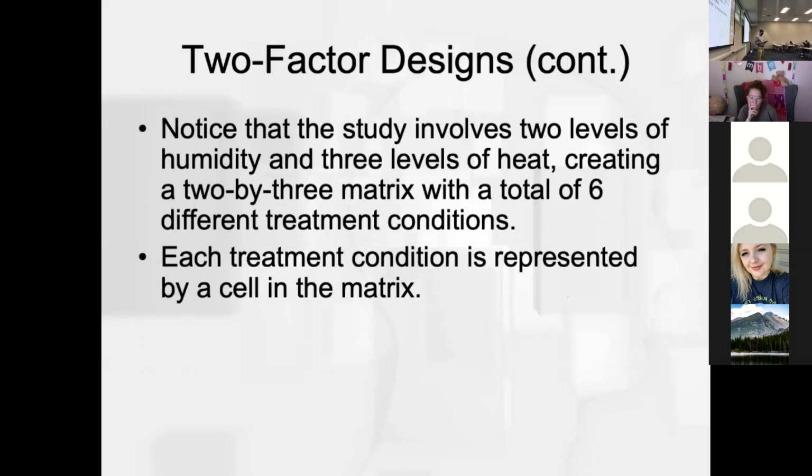Those are 3 different treatment conditions, and then we do that for high humidity. And so when we're representing this, we put each treatment condition in a different cell in that matrix. Questions about this so far?